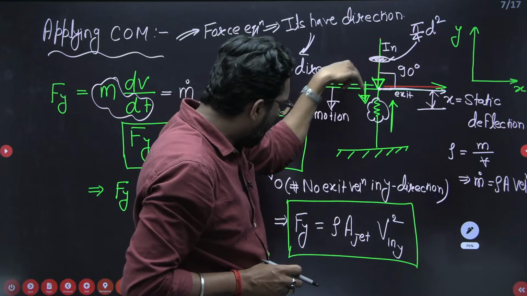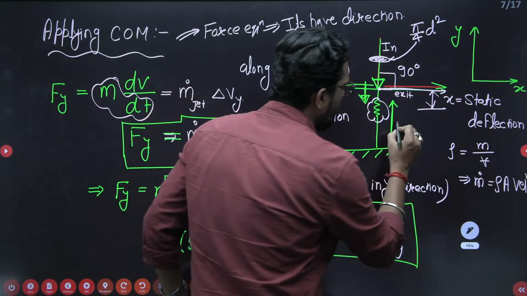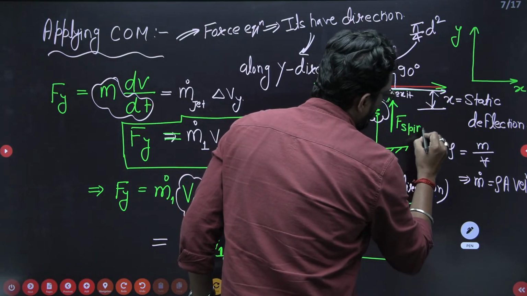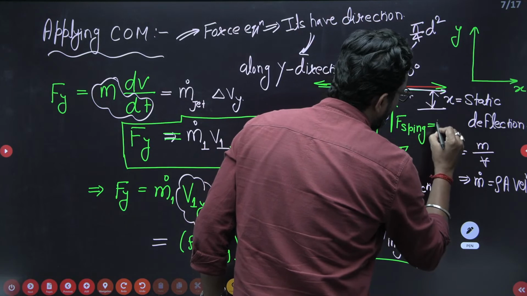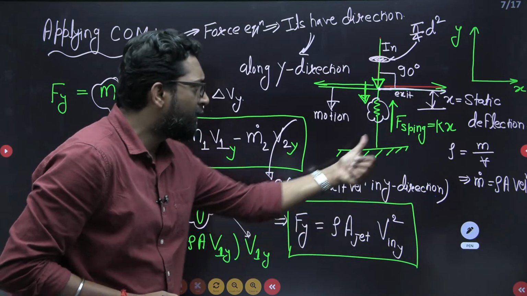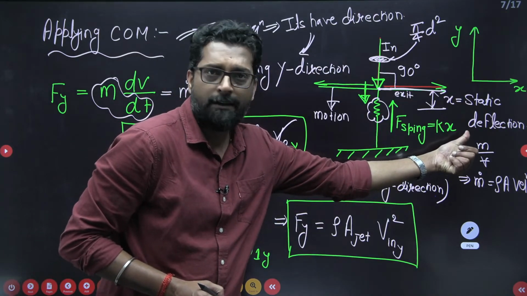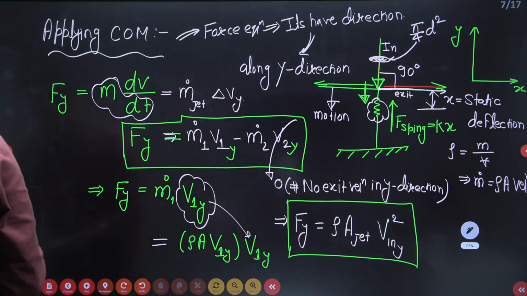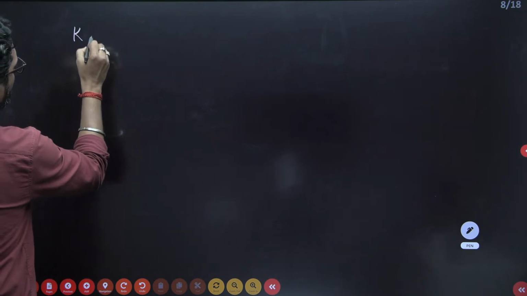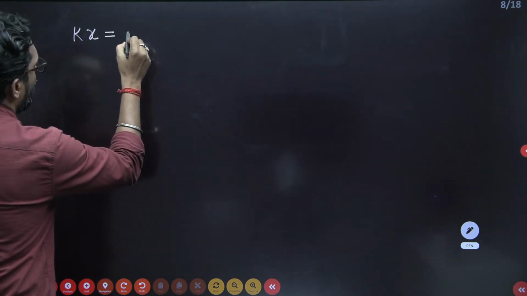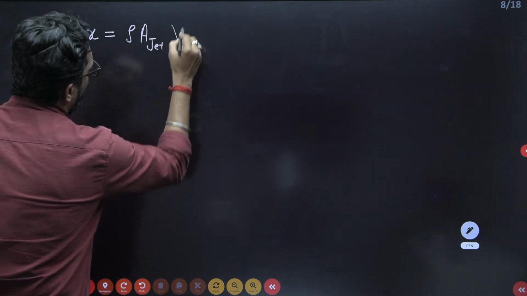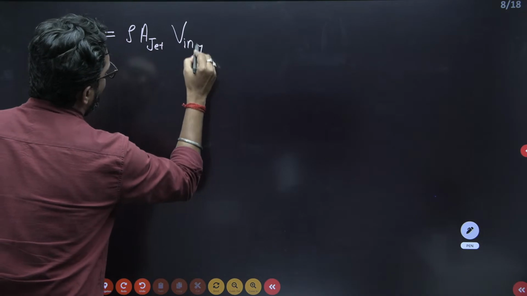So this force F is nothing but the spring force. In this direction there is F spring, and this is a linear spring, so this is your K spring constant into X. So instead of Fy, we have to put K into X. Here K into X is equal to rho times area of jet times incoming velocity in y direction whole square.